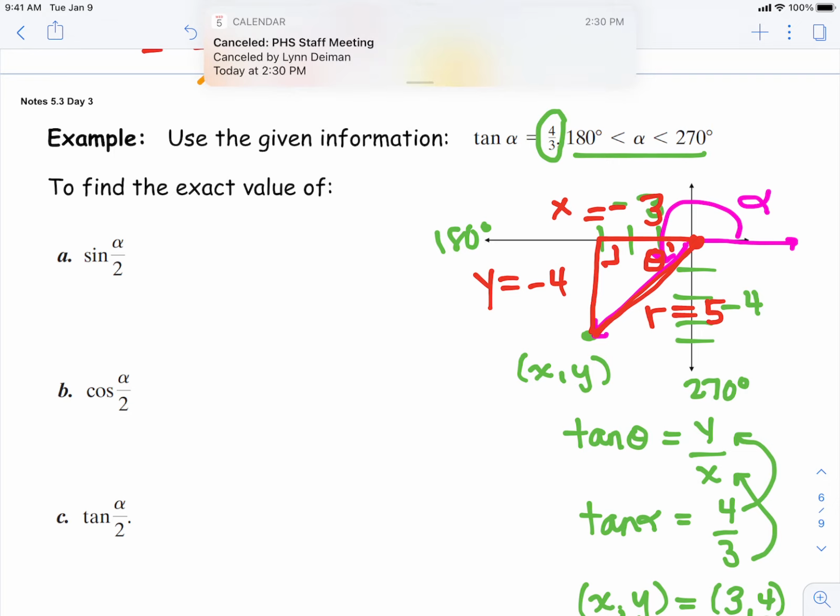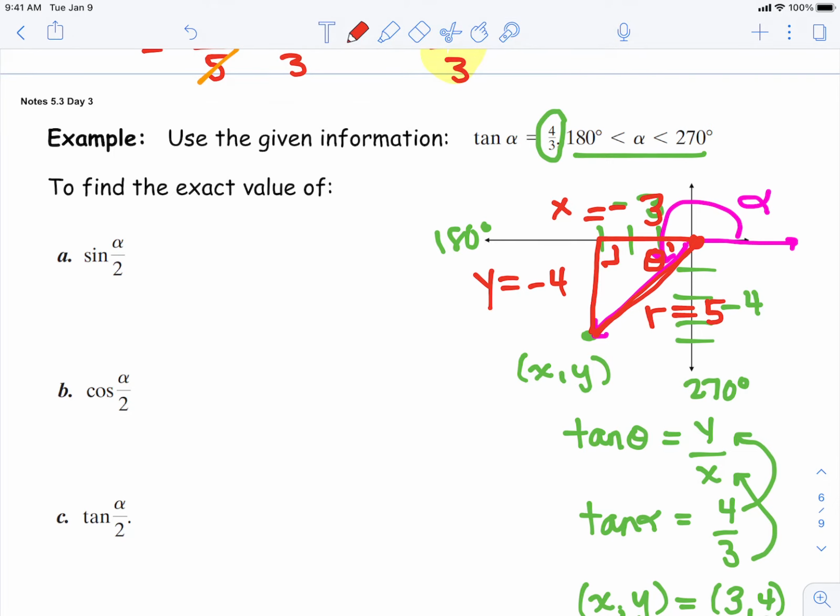All right, we're going to go ahead now and find the half angles for the sine, cosine, and tangent. So the formula for the sine is plus or minus the square root of 1 minus the cosine of alpha over 2. Now I'm going to figure out the plus or minus depending on the quadrant.